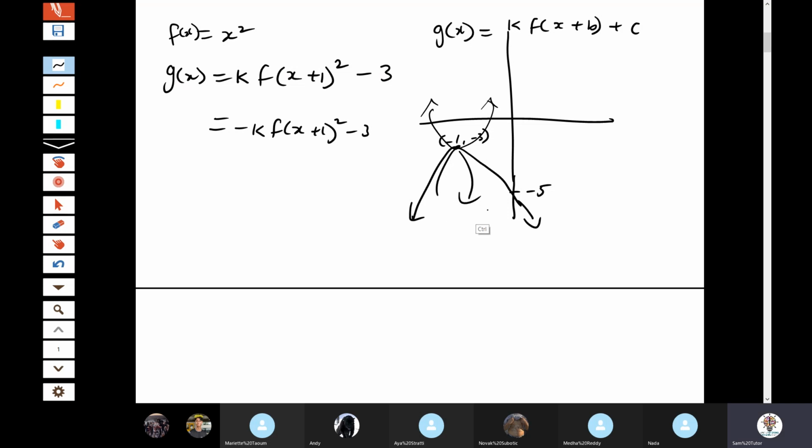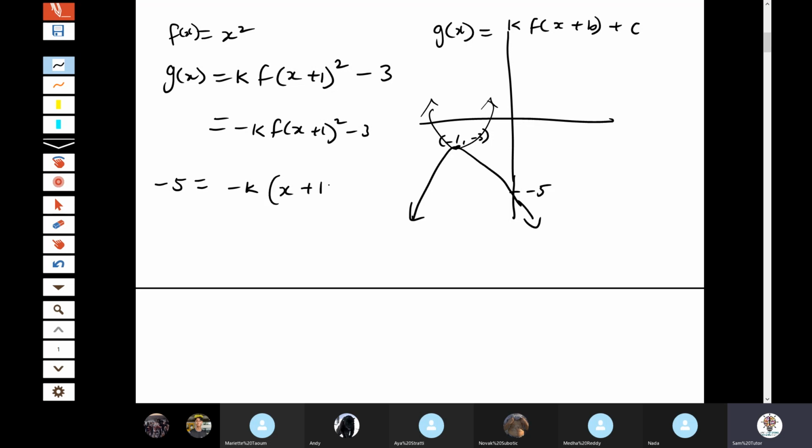Ooh, no. -1 and -3 will definitely work, because you made it work. You said x plus 1 squared minus 3. You don't sub in that one. Sub in x is 0, y is -5. Sub in y equals -5, negative k, f of x plus 1, all squared.